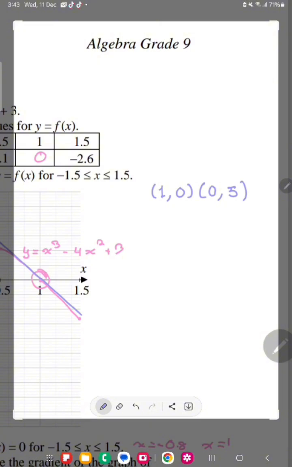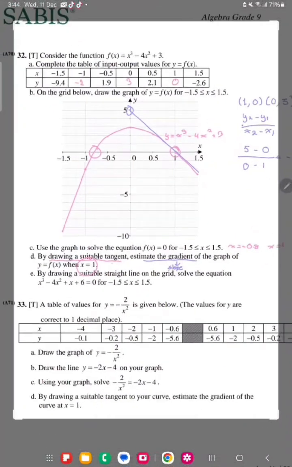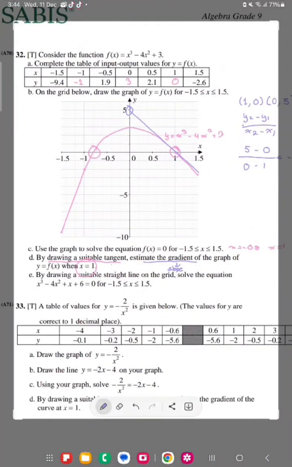Now find the slope: y2 minus y1 over x2 minus x1. Let's say your y2 is 5, then minus 0 over 0 minus 1 equals negative 5. So you found your 2 things: the tangent and the slope. Now, by drawing a suitable straight line on the grid, you're going to solve the equation.